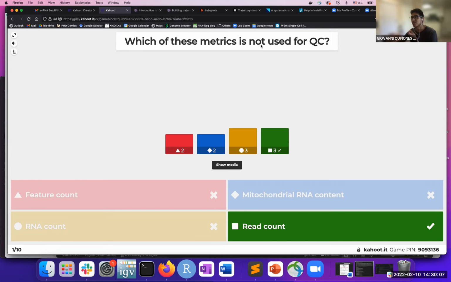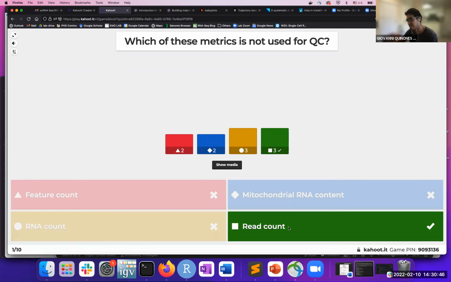We've talked about feature count, RNA count, and mitochondrial. This being the number of genes, this being the number of unique RNA molecules, and this being the content of mitochondrial RNA. It's true, in our analysis we didn't use RNA count as a metric, but I did mention that it is a metric that people would look into in order to filter.